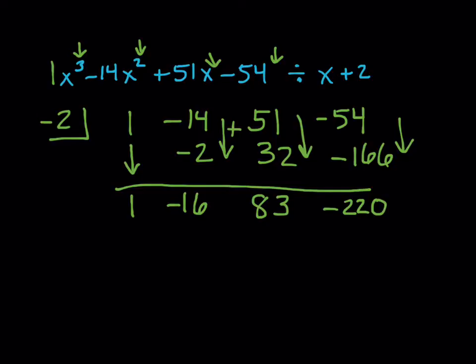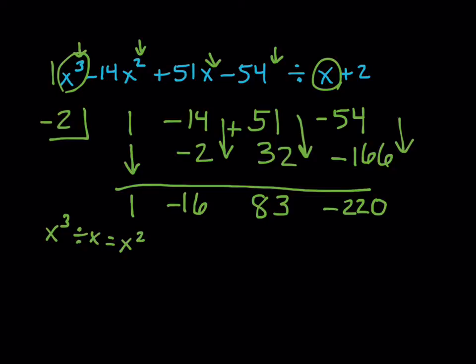Now these are just the coefficients, so what we need to do is go back and put the variables next to each one to construct a polynomial. How do we know what the variables are? We just look at what we started with. We started with a cubic, and then we divided by something linear. Think about if you just had x cubed divided by x, that's going to give you x squared.